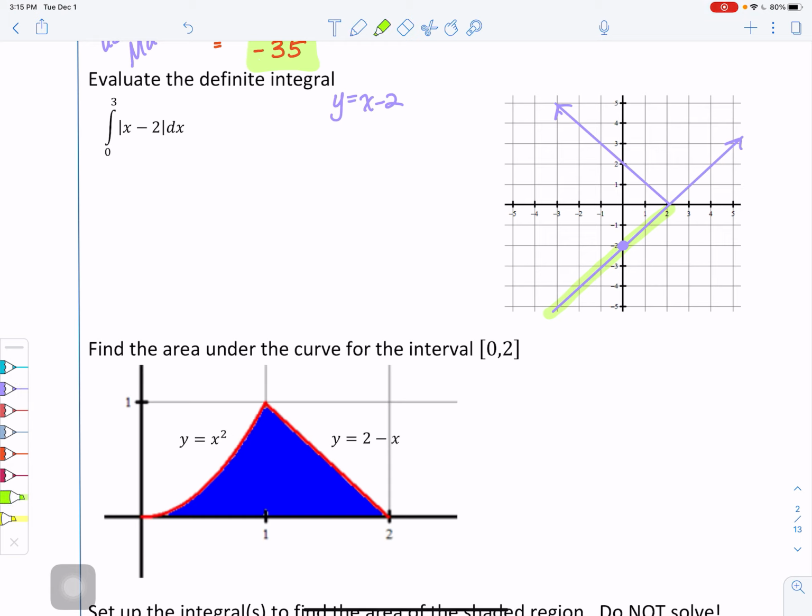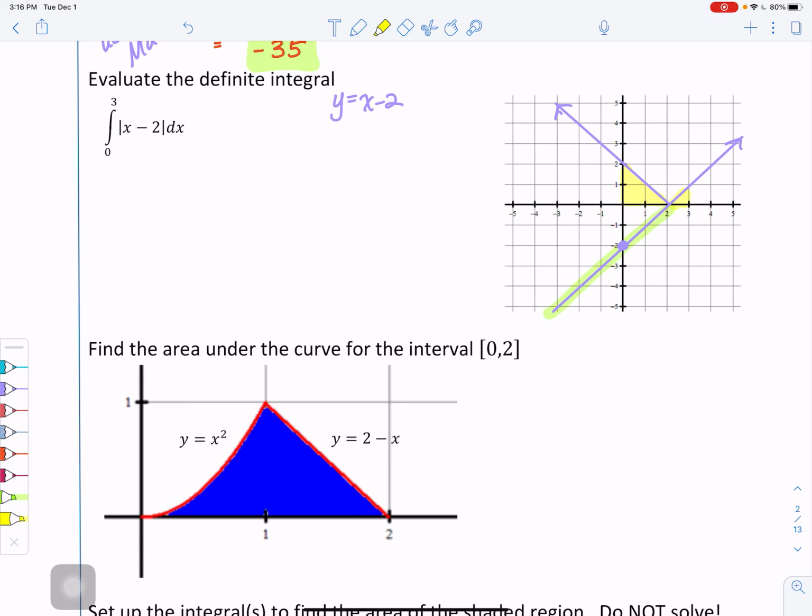So now let's go ahead and find that area between 0 and 3, and let me switch highlighters so you don't get confused with that green line. So 0 and 3.